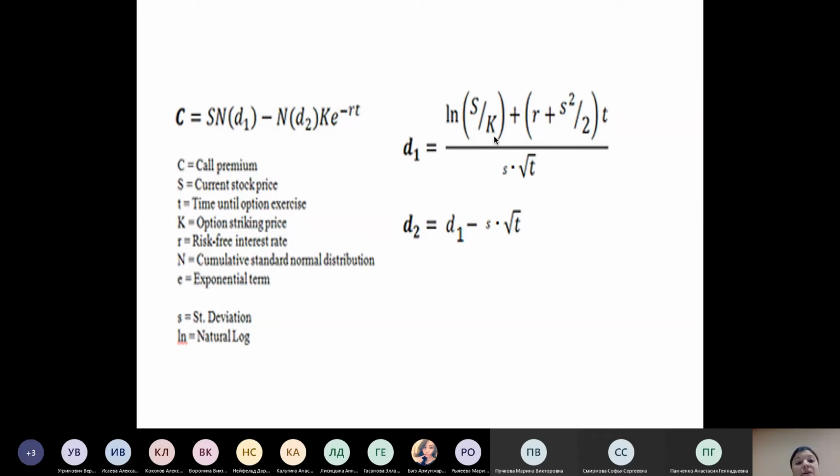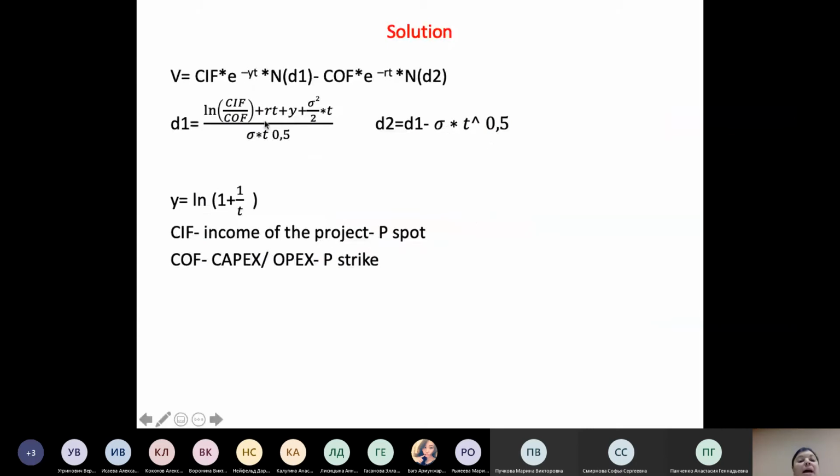strike price. In this situation, our future price plus the risk-free rate multiplied by T, the period of existence of this option, and plus the new component, our losses of delay, plus the standard deviation squared, or dispersion in this context, divided by 2, multiplied by T, the period of using this option, and all of this divided by the standard deviation multiplied by T to the extent 0.5.